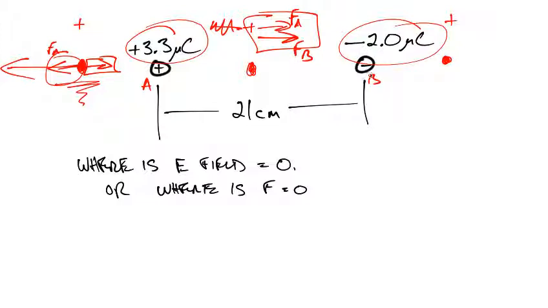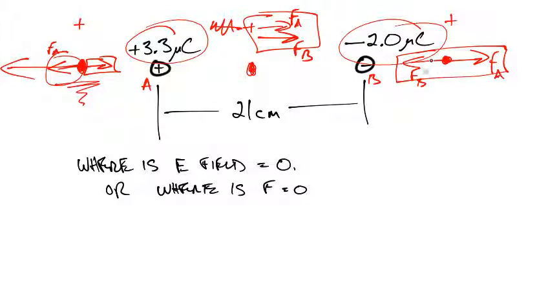In this case, B is going to attract, and of course, A is going to repel. It's going to be repelled by A. Fortunately, B is smaller, and A is further away, but bigger. So there is the possibility that these two will be able to cancel each other out.